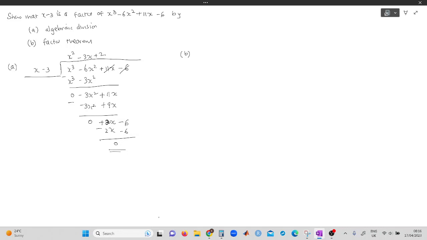Maintenant, while using the factor theorem, x minus 3, I equate it to 0. X will be equal to 3. Let f of x be equal to the polynomial here. Okay, so f of 3. 3 à la puissance de 3, retirer 6. Donc, ça va me faire 27 retirer 54 plus 33 retirer 6.